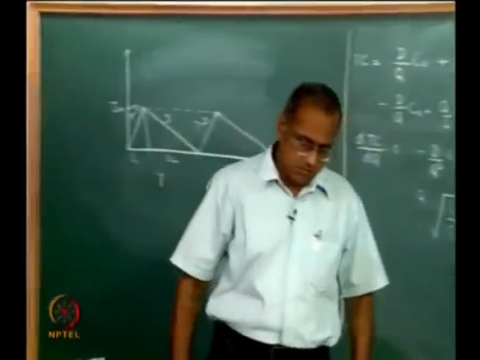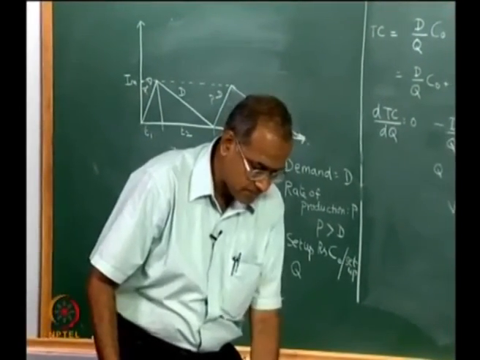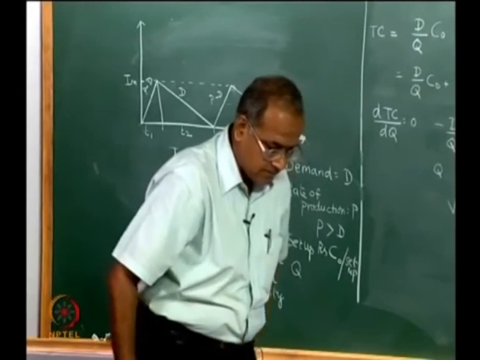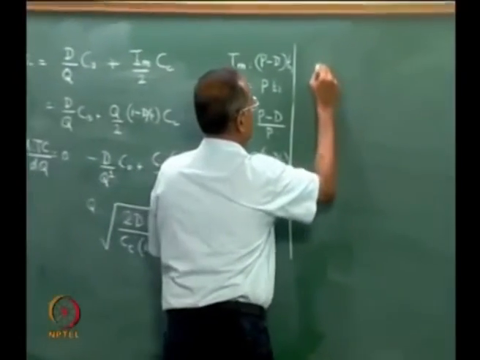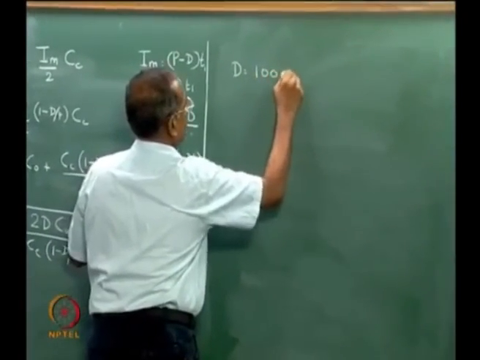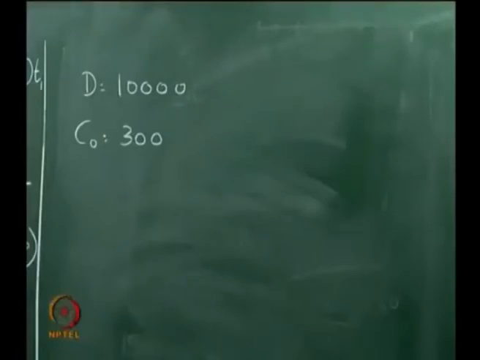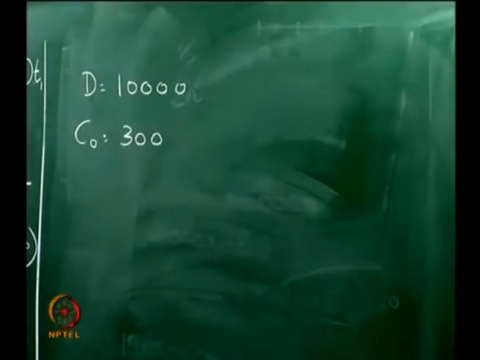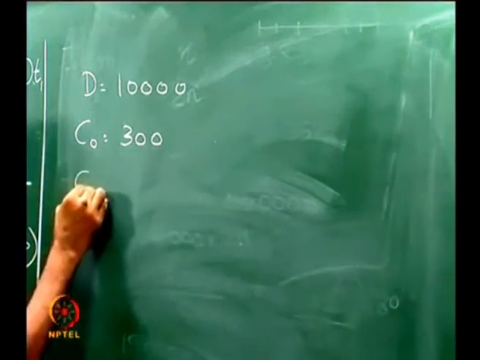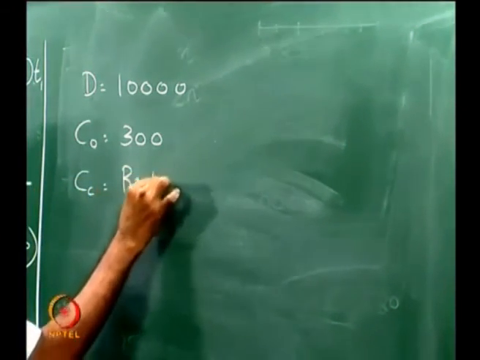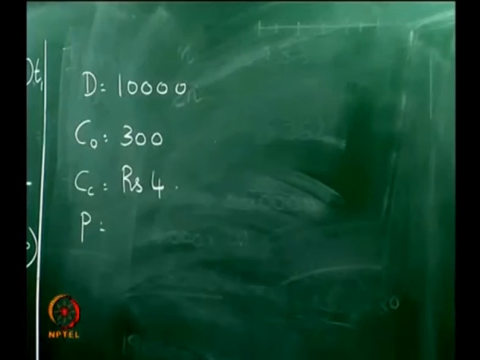So, let us look at an illustration where we have D is 10,000 per year, C naught is 300, Cc is 4 and P is 20,000 per year.